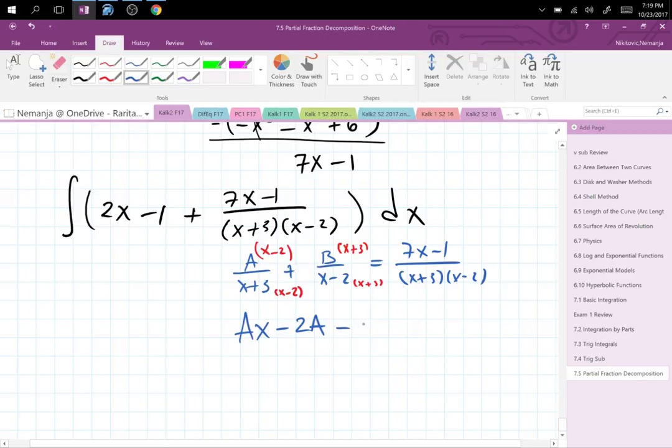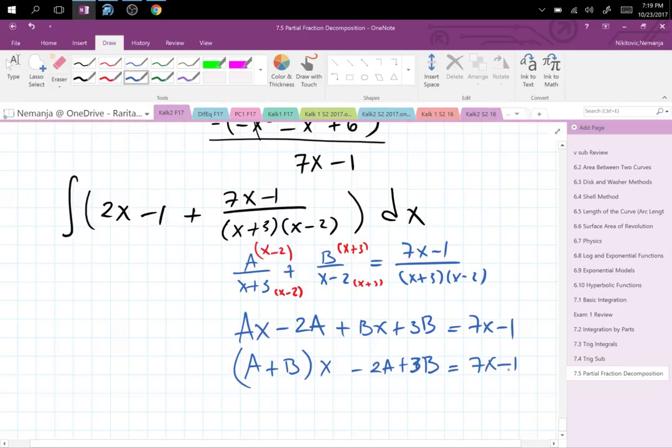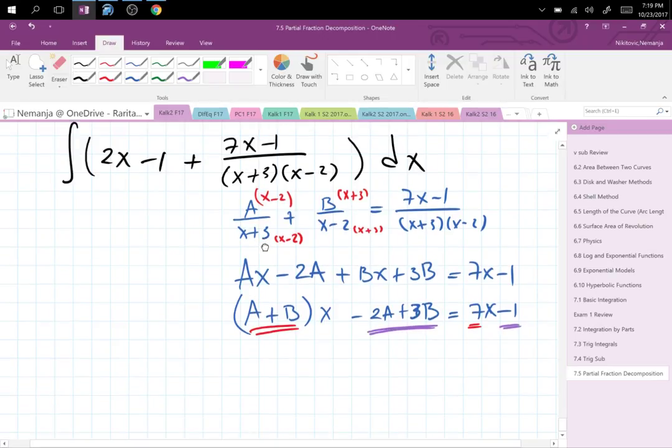And then just work out the equations. We have our two equations.